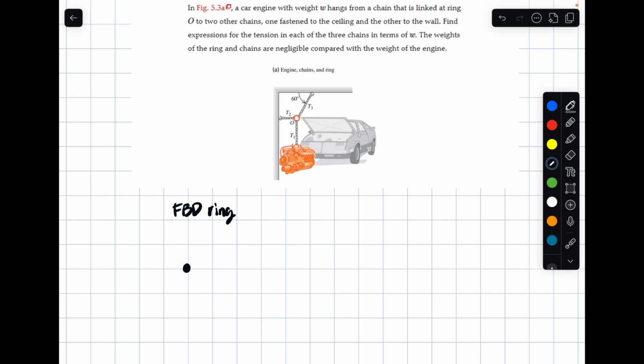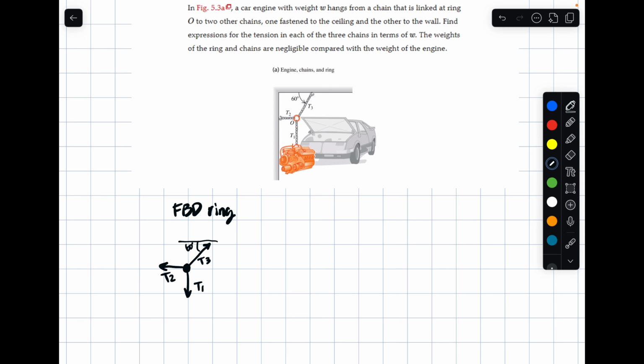All it means if it doesn't have a mass is that there is no force due to gravity that we're going to consider. So let's draw it. We have tension 2 coming to the left, and then we have tension 3, which is at an angle, where this angle is defined. And then finally we have the tension force pointing straight down.